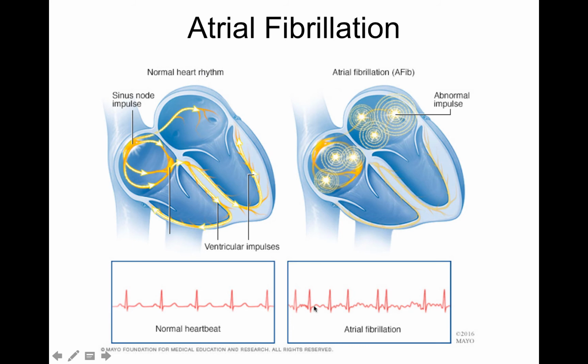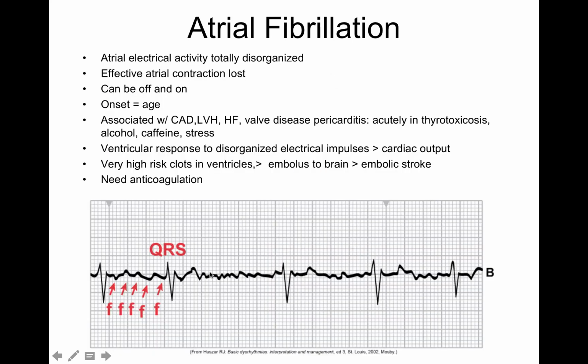So you're going to get different presentations of the P waves that look different in relationship to each other. They're going to have no correlation. So with atrial fibrillation, is this rhythm going to be regular or irregular? This is going to be irregular, and we call this irregularly irregular because there's no correlation between the two.